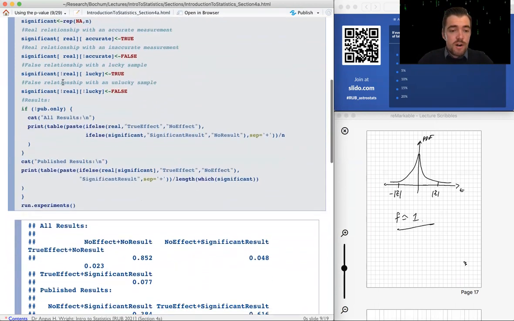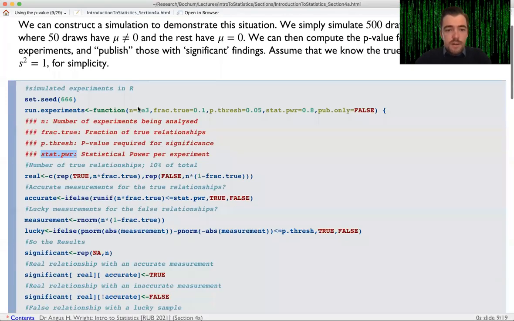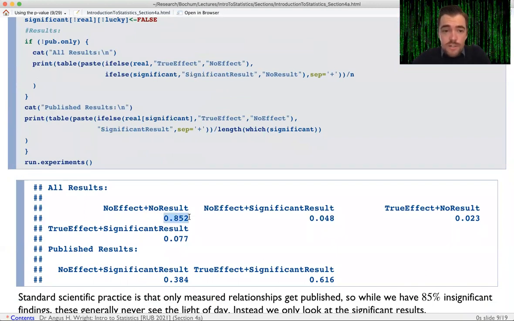We run this experiment, and what we find is that 85% of the experiments had no true underlying effect. They followed the null hypothesis, and they didn't get a significant result. So those just end up in the trash.